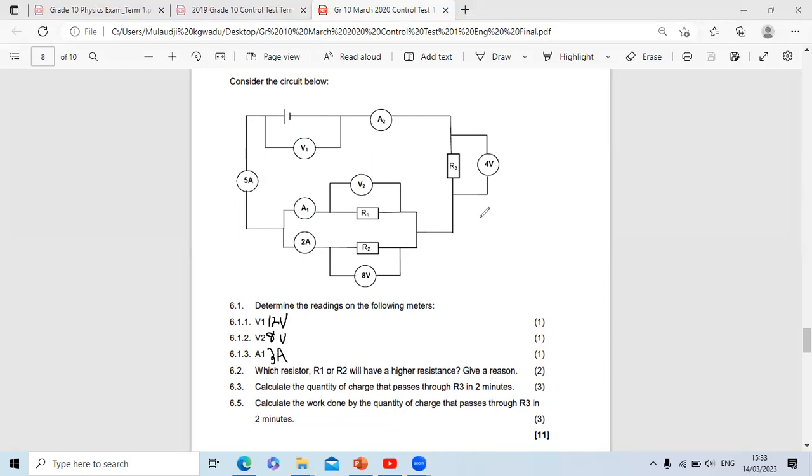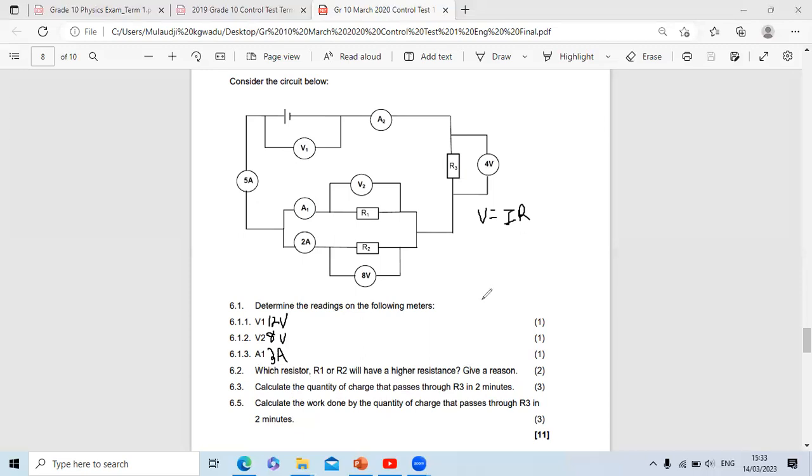Ohm's law states that the potential difference between two points in a circuit is directly proportional to the current and resistance. So you end up with V is equal to IR, where I is the current and R is your resistance.